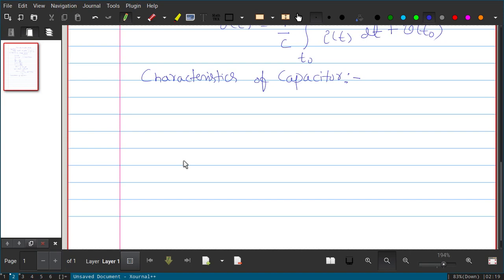First one is, there is no current through a capacitor if the voltage across it is not changing with time.